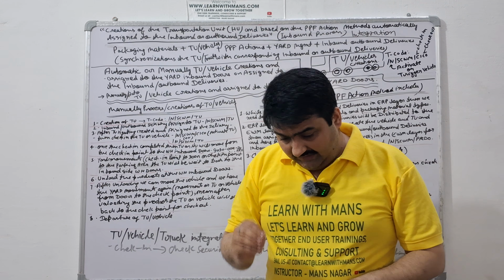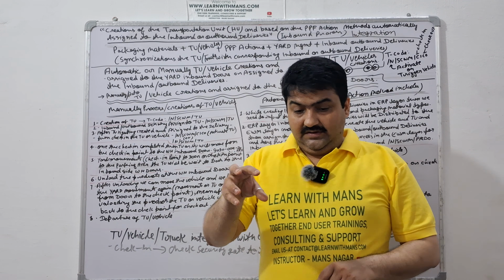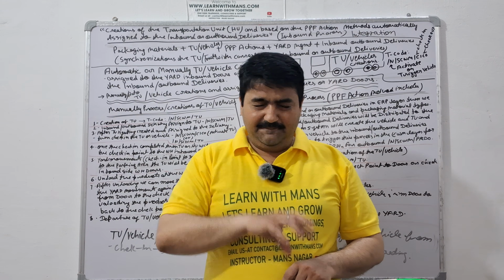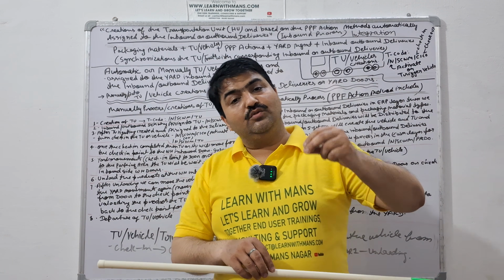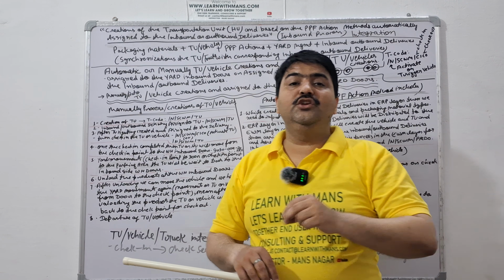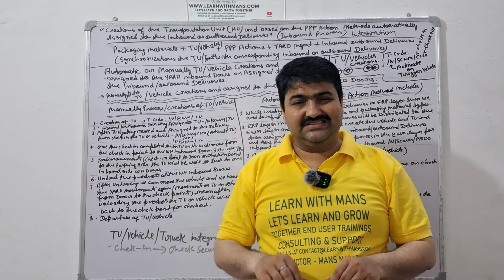And here, for example, we have the yard area. In that yard area, the trucks are going to move; we call it a transportable unit, or vehicle, where we have the number plates.